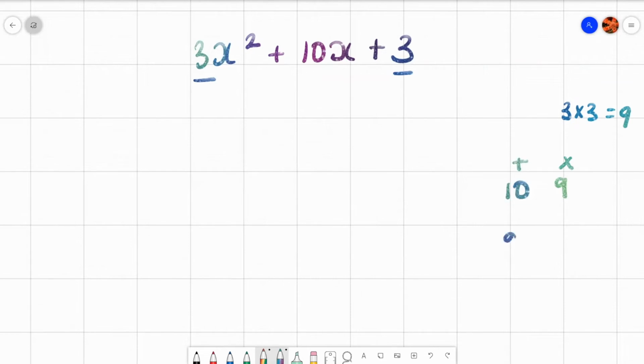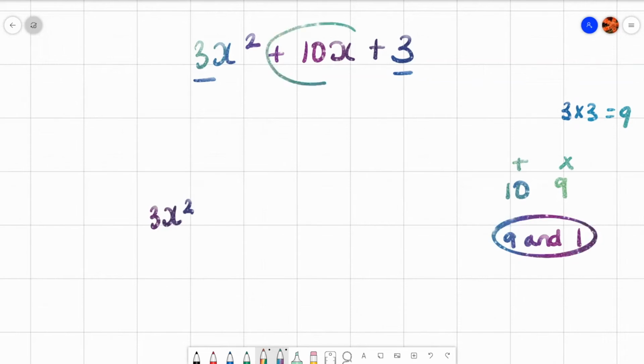That's going to be 9 and 1, because 9 times 1 is 9, and 9 and 1 is 10. So keep the first thing the same, 3x squared, replace the 10x with the 9 and the 1. So plus 9x plus x, again, can be in any order. I'm just writing it out in the order that I put the numbers in, plus 3.